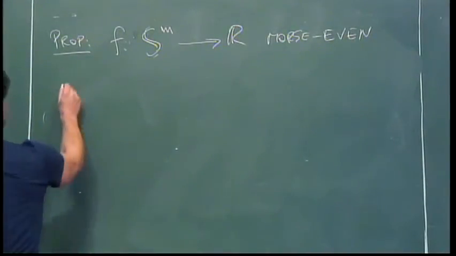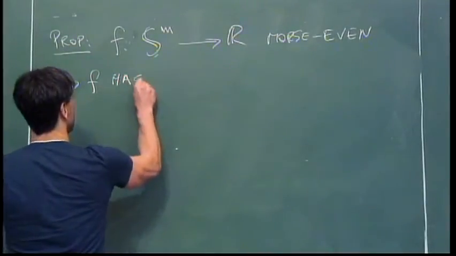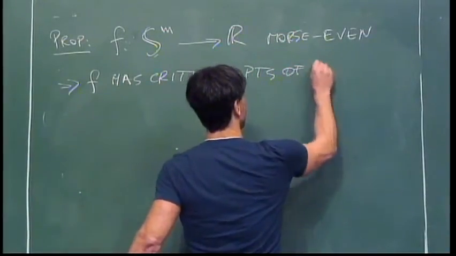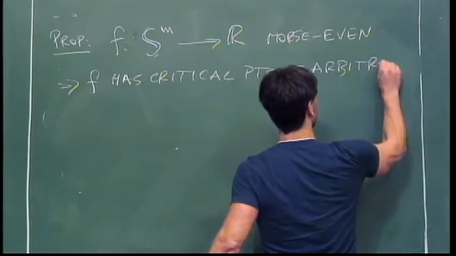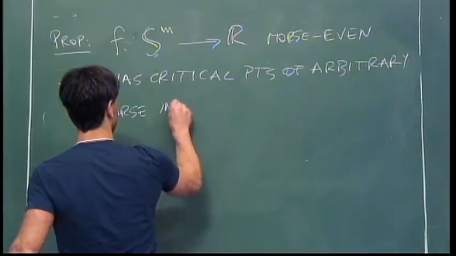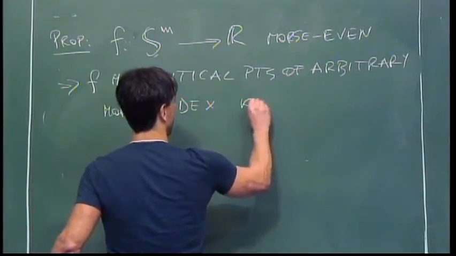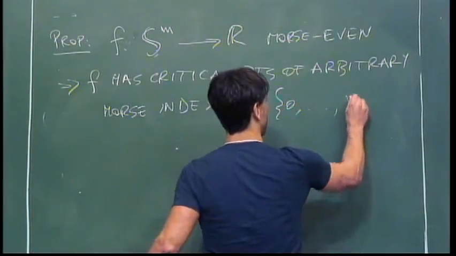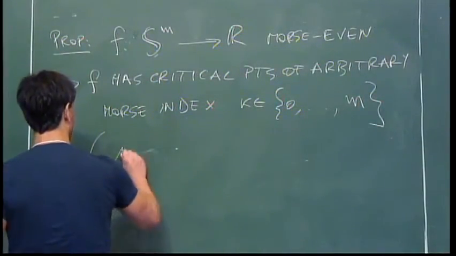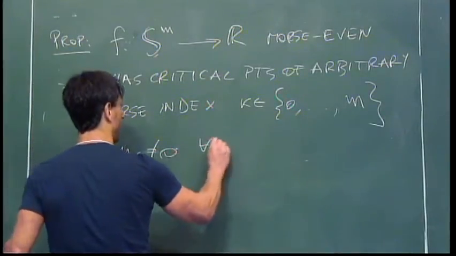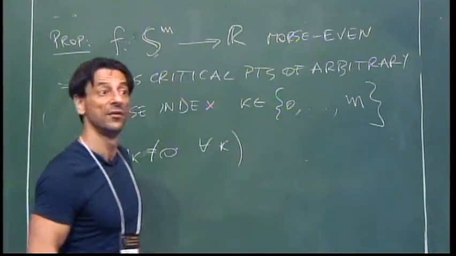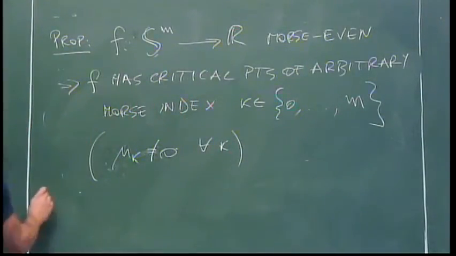That is, then f has critical points of arbitrary Morse index k, say, from 0 to m, the dimension of the manifold, okay? That means beta k, oops, I'm sorry, mu k is different from 0 for all k. Okay, so in particular, you have at least m plus 1 distinct critical points. Proof.